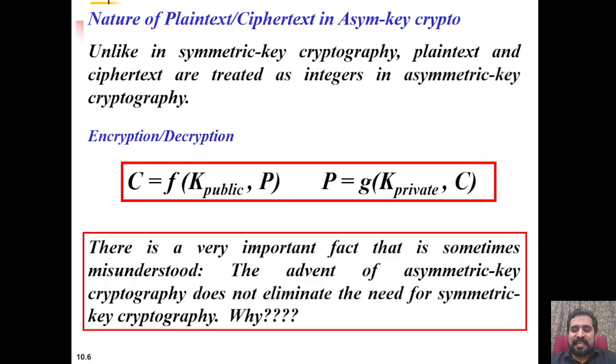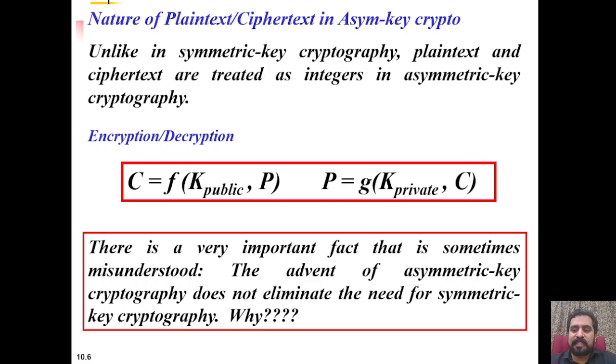That's why we say that plain text and ciphertext are represented as integers. This representation allows for the application of mathematical algorithms such as RSA, which we will discuss in today's lecture, and which relies on the mathematical properties of large prime numbers and exponentiation modulo a product of two large primes.